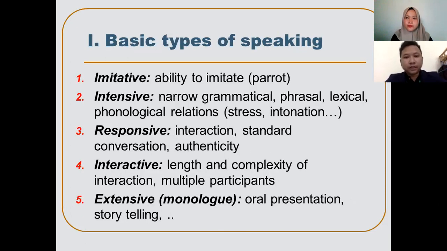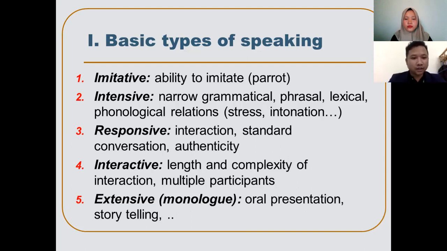Okay, to understand the basic types of speaking, we can divide it into 5 important parts. So we can see imitative, which refers to the ability to imitate, like a parrot, right? Imitate the language from the human.